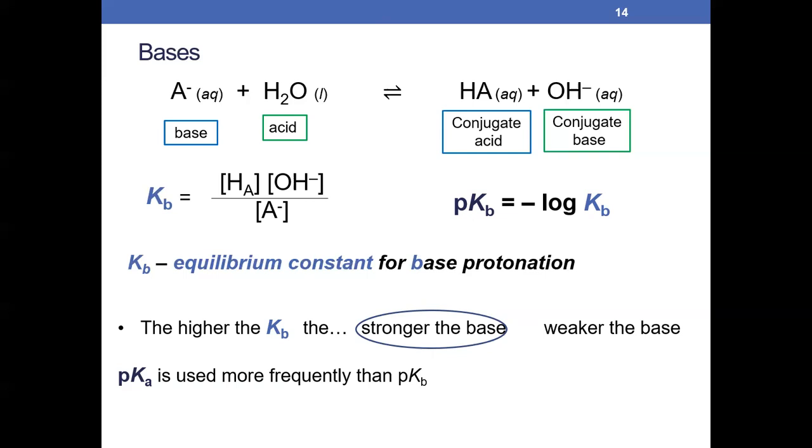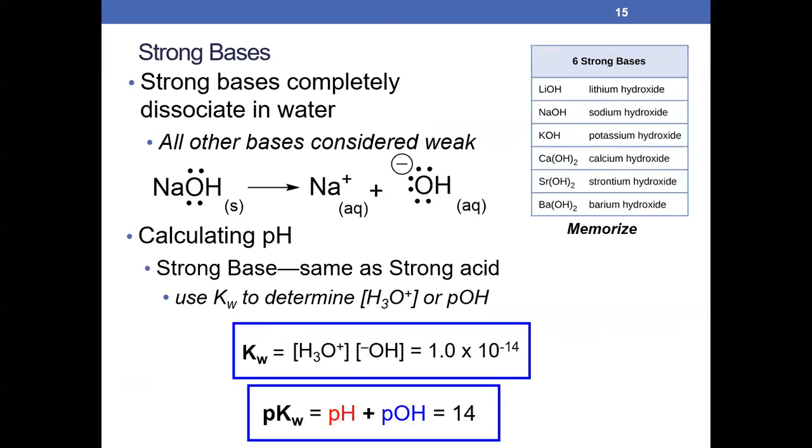Similarly to strong acids, strong bases completely dissociate in water. Strong bases are a little bit easier to remember because essentially they are our hydroxide bases. As we increase the concentration of hydroxide, we are making our solution more basic.